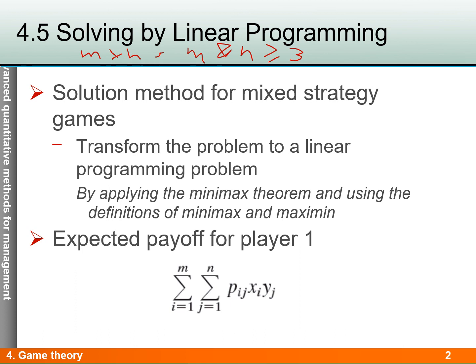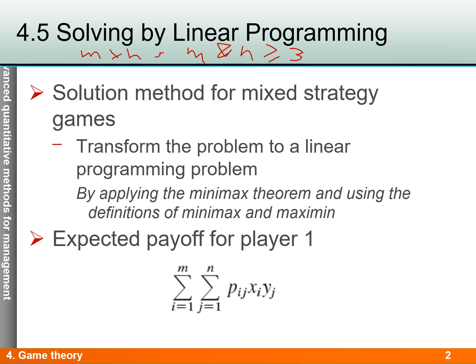By applying the minimax theorem and using the definition of minimax and maximin, we need to solve this example with the same idea. When we are talking about minimax or maximin, it means that we want to minimize the maximum of the loss of each of the players.